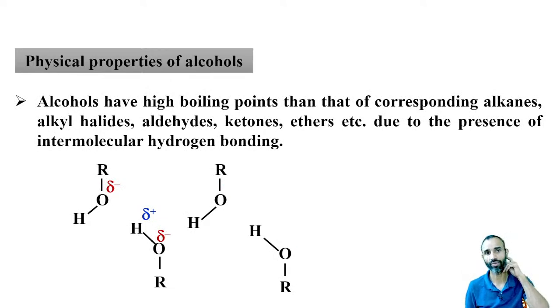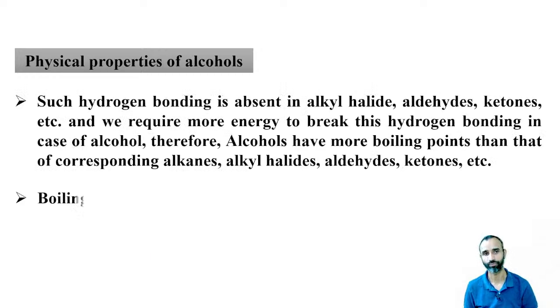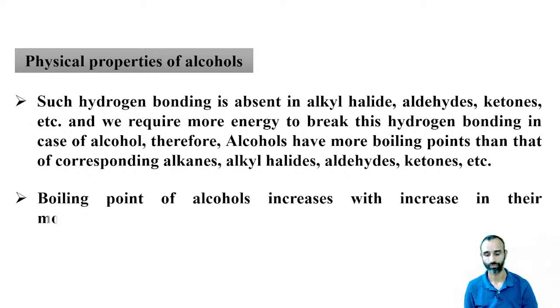Alcohols have higher boiling points than corresponding alkanes, alkyl halides, aldehydes, ketones, and ethers, because they are associated through intermolecular hydrogen bonding. The boiling point increases with the increase in number of carbon atoms, or we can say with the increase in molecular mass.